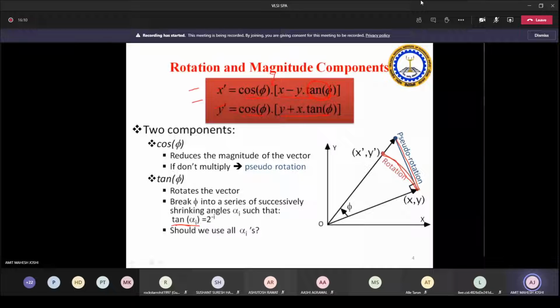Let's say I am talking about tan 45. What is tan 45? Tan 45 is 1. So if you try to plug in different values, assume that this is tan alpha, I am considering only the 2 raised to minus i form.